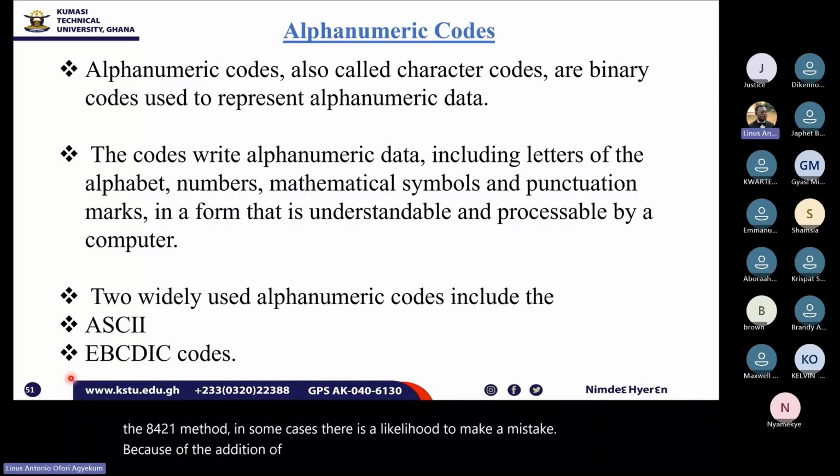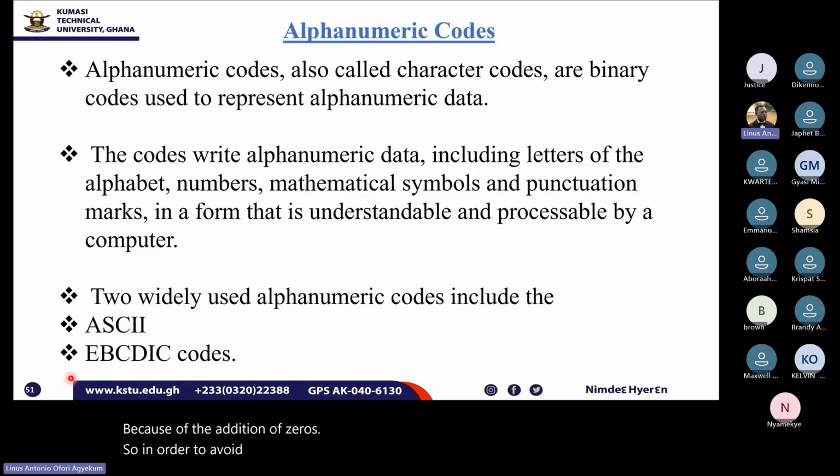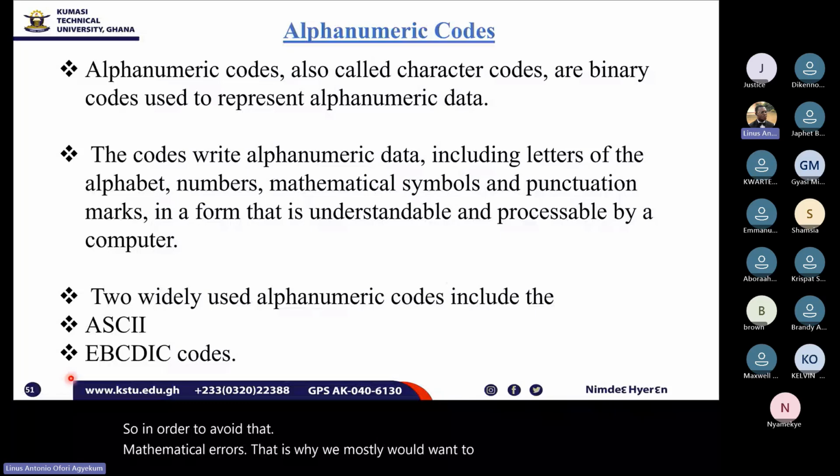So in order to avoid those mathematical errors, that is why we mostly would want to use the XS3 code, okay?